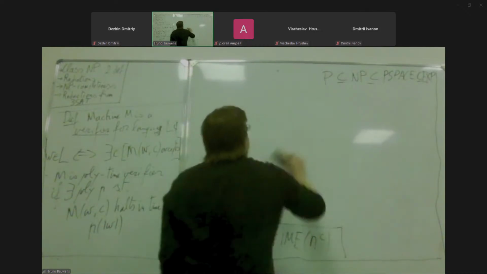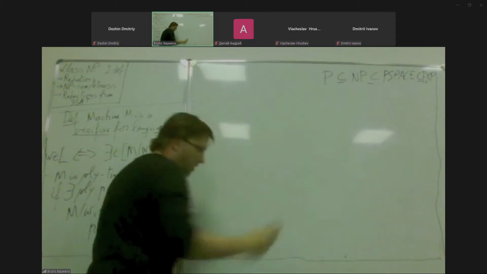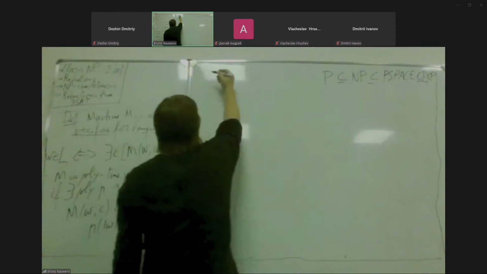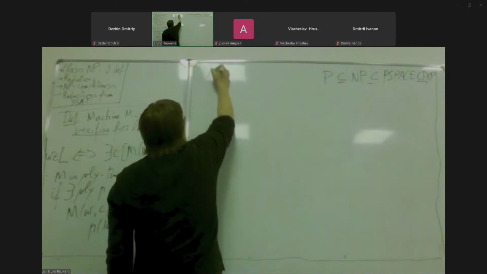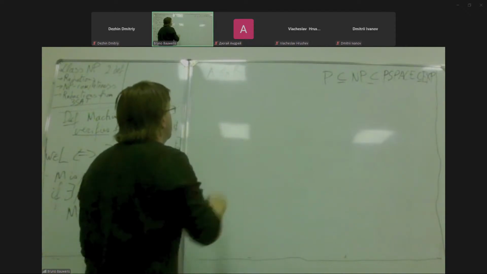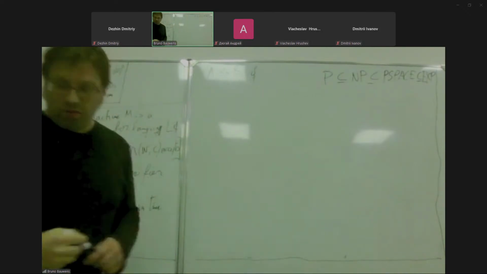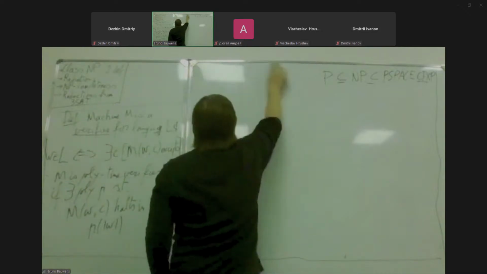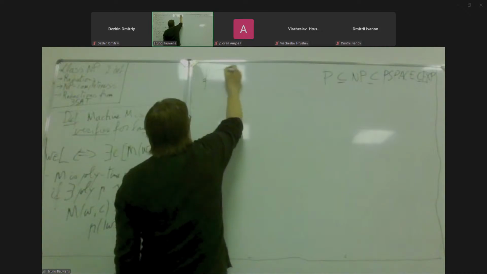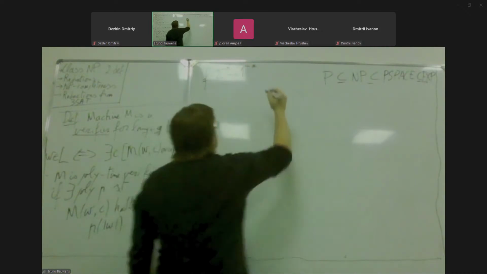So a reduction is a transformation of one problem to another problem. So we say that A polytime reduces to B. We say that F is a polynomial time reduction if we have a function from sigma star to gamma star.